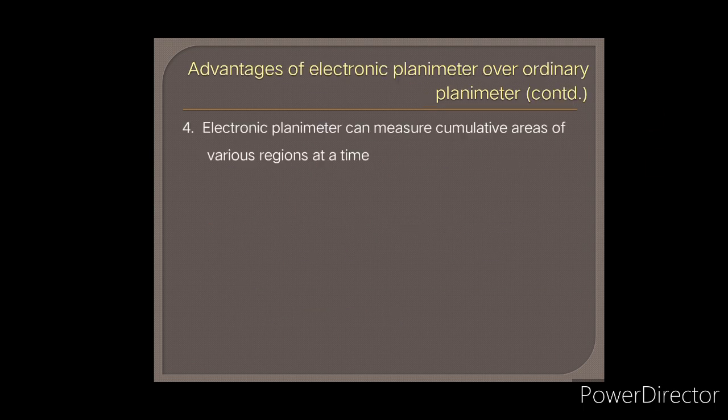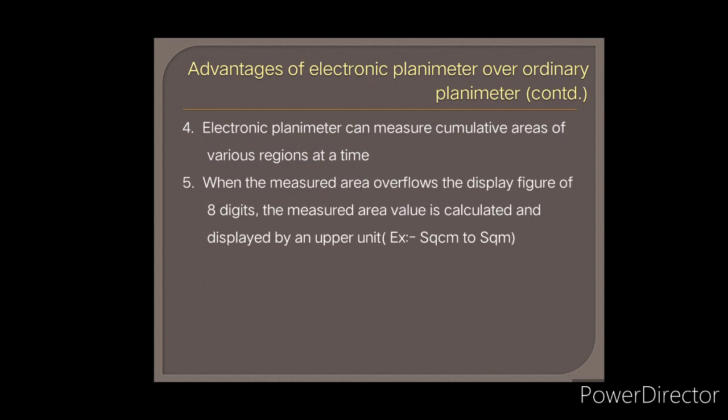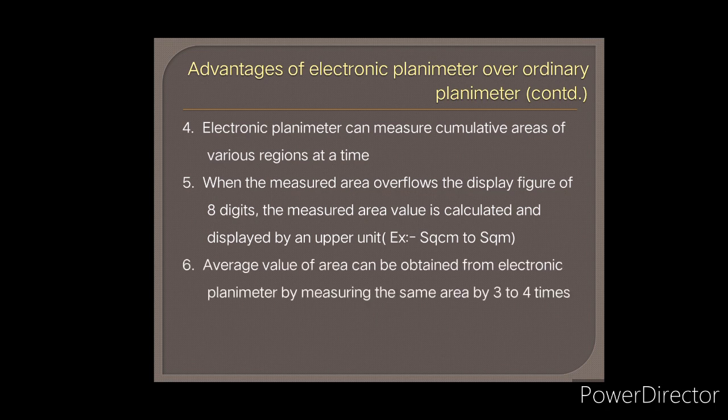And coming to more advantages, it can measure cumulative areas of various regions at a time. Suppose in a map I want to measure the area of some particular region, say Khazibay, and combine it with another area.